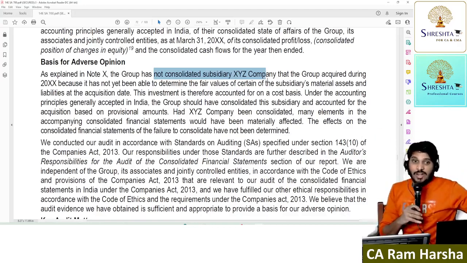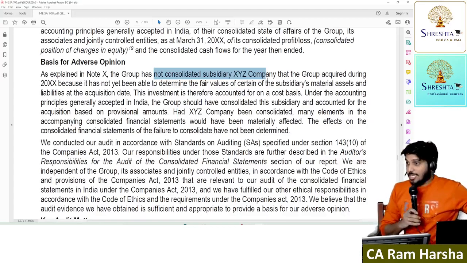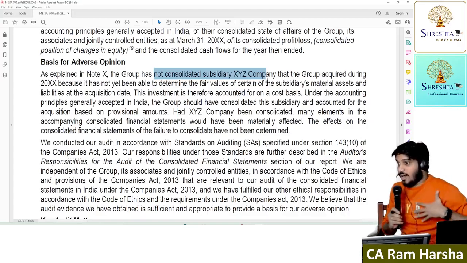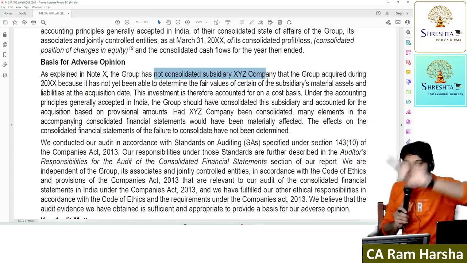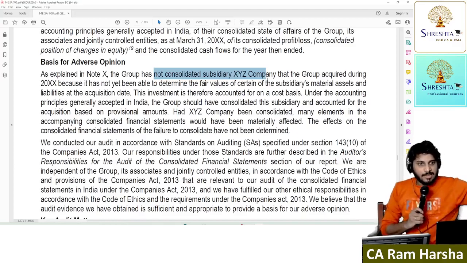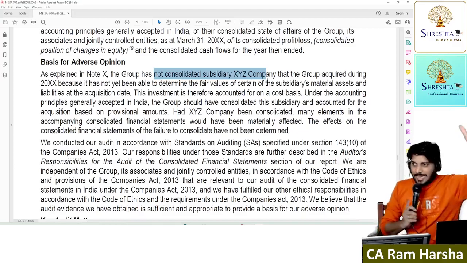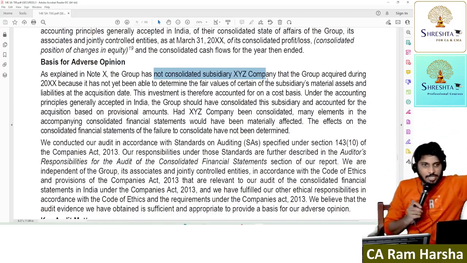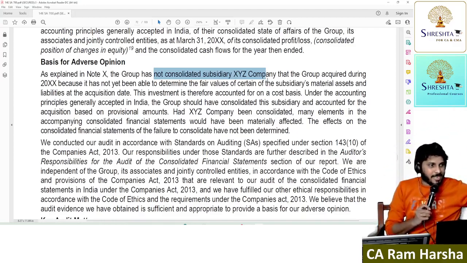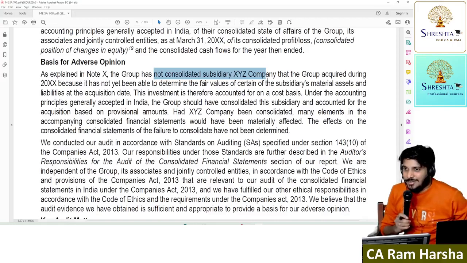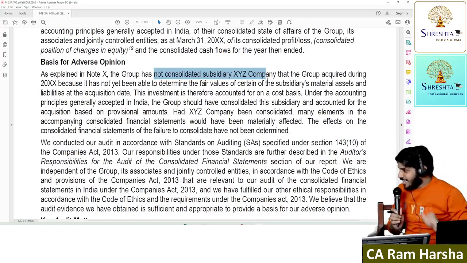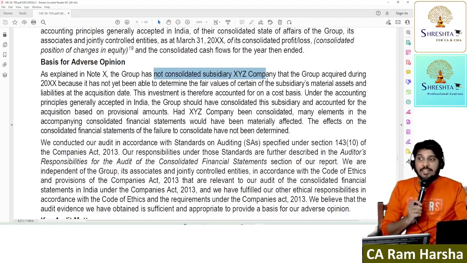Now tell me, can I quantify? Suppose if an inventory alone mistake is there, I will quantify: this is the mistake, and if this is not there, this much would be the profit. But fixed assets, current assets, liabilities, all items have mistakes. Why were all items misstated? One subsidiary is not consolidated, so every item is understated. How can I quantify? I cannot quantify.